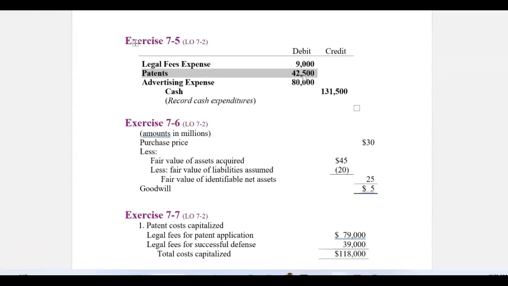So the amortization of patent will be either the legal life or expected life, whichever is shorter. Any patent you have is maximum legal life of 20 years. But you might say this type of patent for this type of thing might only be good for 5 years.